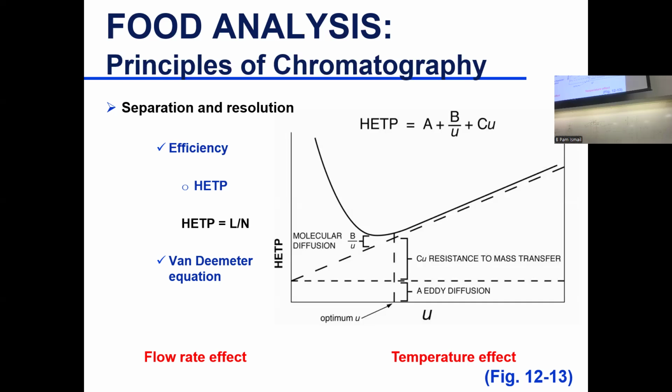Transfer, meaning moving in and out of the stationary phase into the mobile phase, the compound or the solute. So too slow, then you don't have enough transfer. Too high, you don't get equilibrium. So you want a flow rate that allows fast movement, fast equilibrium, but not too fast, because too fast will cause co-elution.